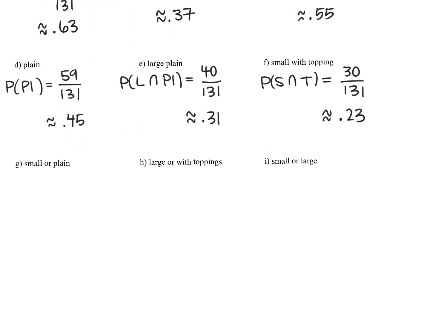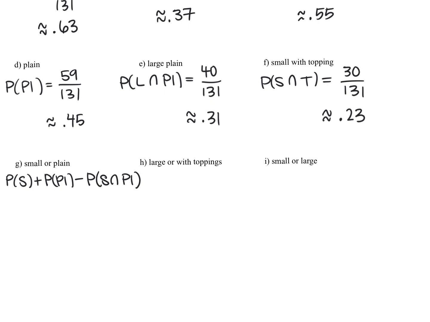So those are examples of and. So they don't specifically say the word and, but we know that they're and. Or will specifically say or. That's the only way to really interpret an or probability is if it says the word or. So small or plain. So when I'm doing that, I have to do the probability of small plus the probability of plain minus the overlap. So my small and plain. Because in our table, we've seen that I can have a small plain pizza.